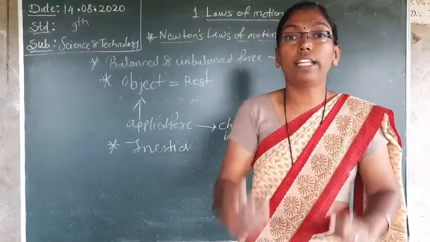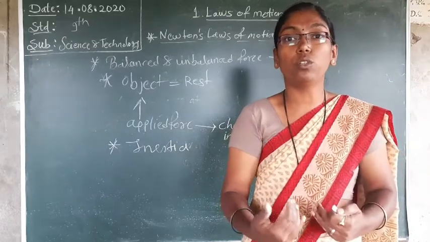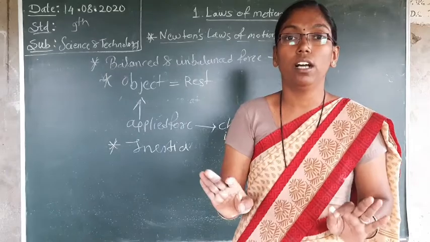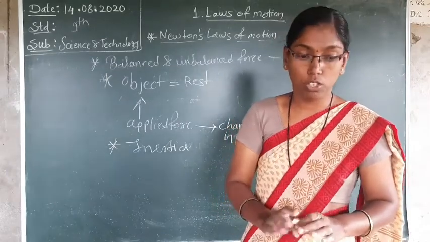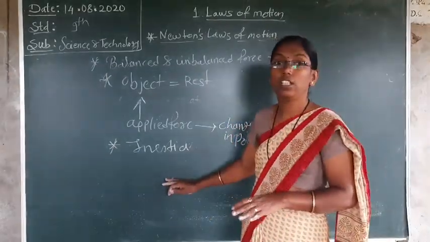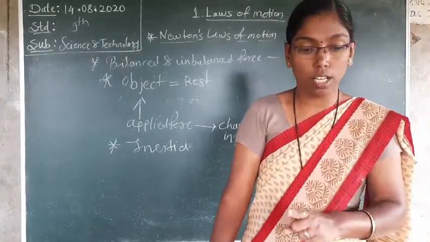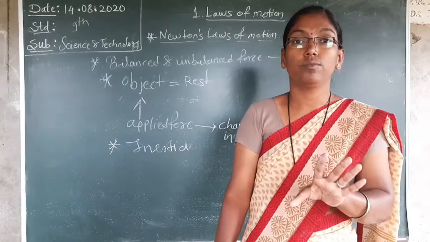When we want to, then only we walk. When we want to eat, then only we eat. Unless we do, we remain in the rest position. This is inertia. Inertia means the inability of an object to change its motion on its own.